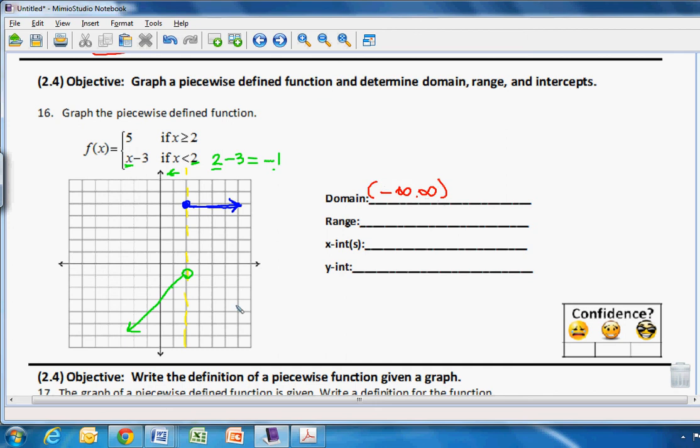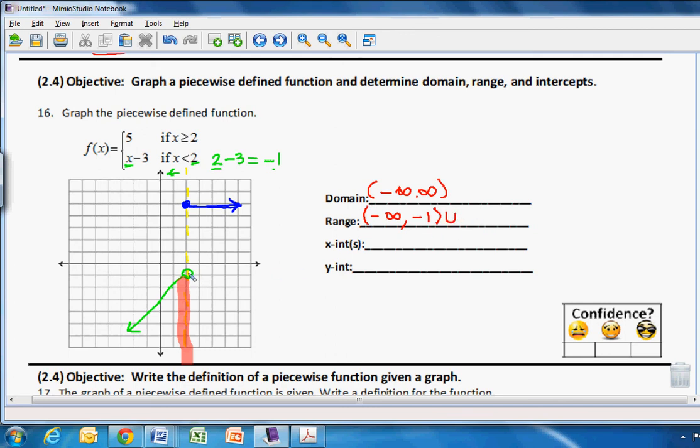And my range, I'm starting down here, coming up, up, up, up, up. But now there is a stop. There is a halt. There is nothing happening in here. So I'm starting at negative infinity, but I'm stopping at negative 1. That's an open circle.